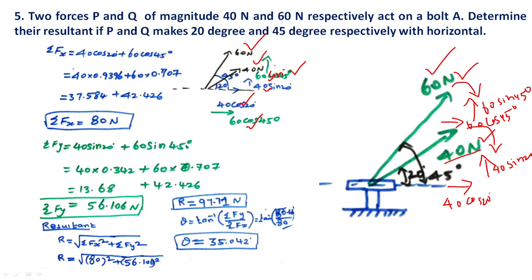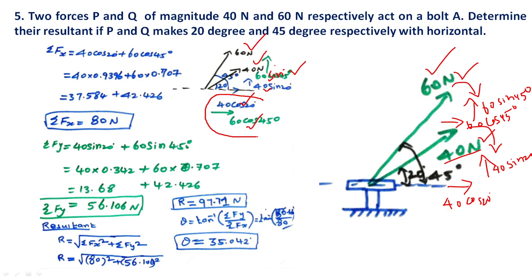Now the sum of horizontal forces. There are two horizontal forces, 40 cos 20 and 60 cos 45.